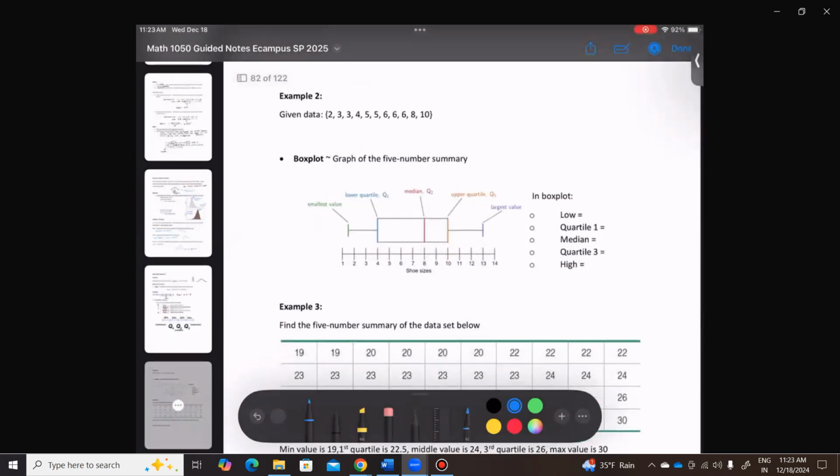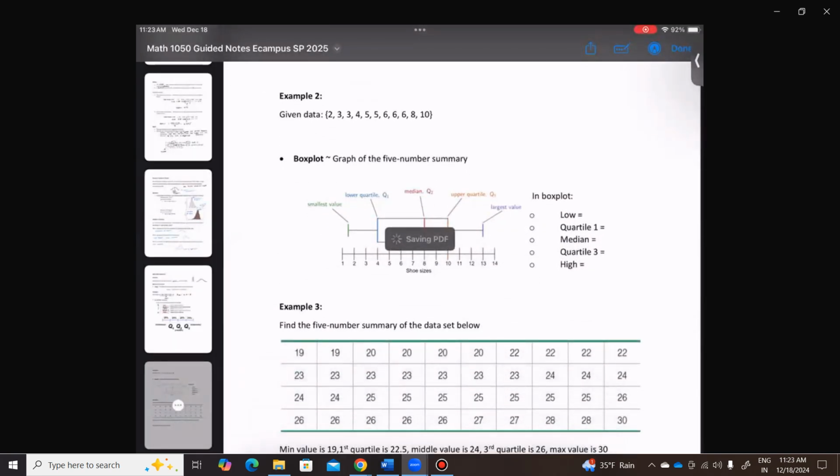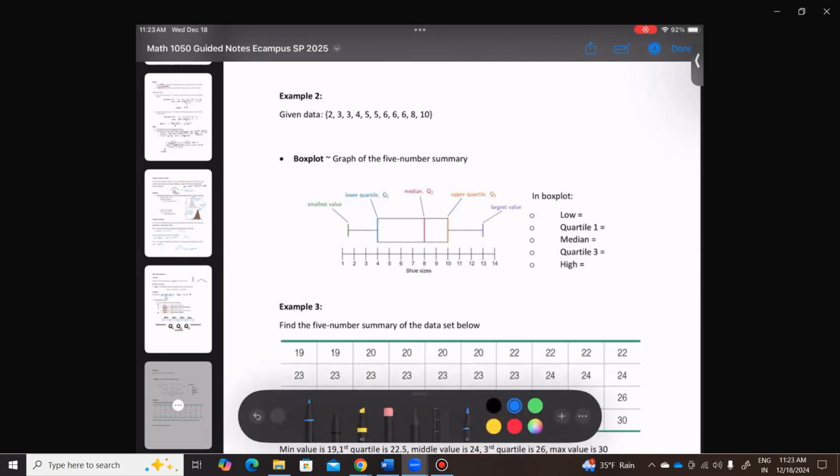So again, with our example, for the 5-number summary, low was 2, high was 10, median was 5, quartile 1 was 3, quartile 3 was 6.